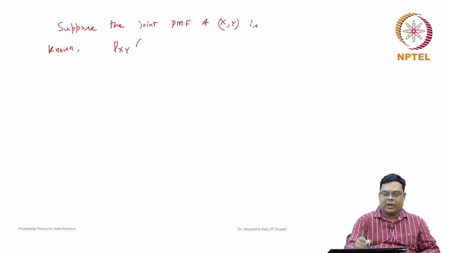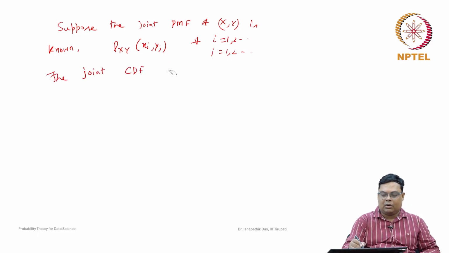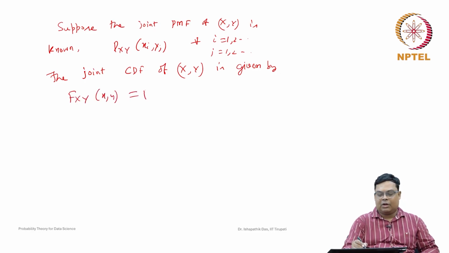That means p_XY of (x_i, y_j) is given for all i and j. The joint cumulative distribution function of X, Y is given by F_XY(x, y), which is equal to the probability that X is less than or equal to x and Y is less than or equal to y.